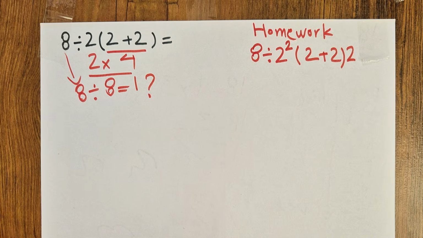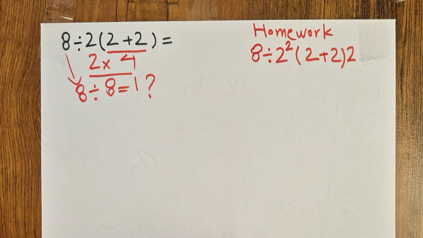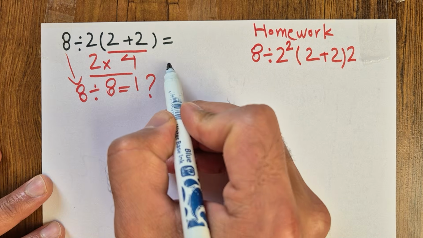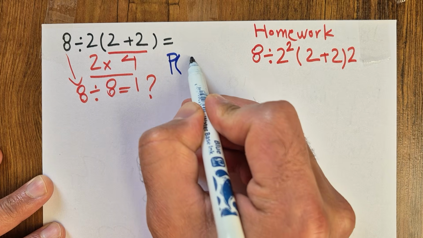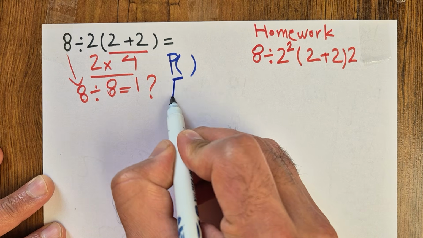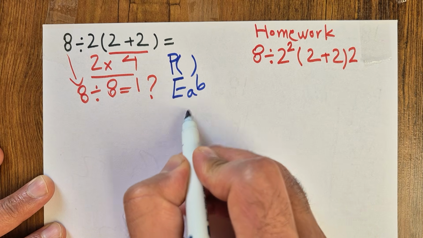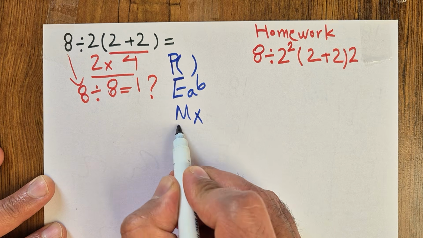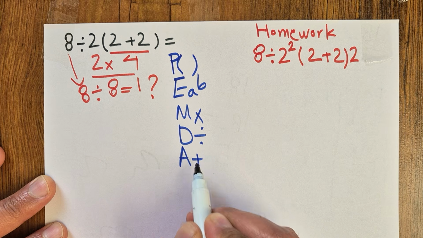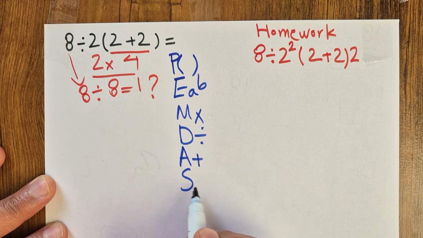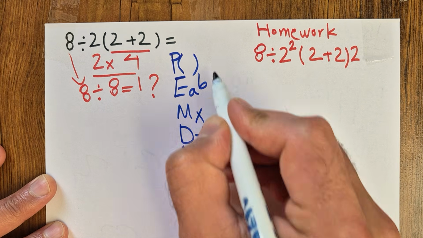The correct order is called PEMDAS, an acronym where P stands for parentheses, E stands for exponents, M stands for multiplication, D stands for division, A stands for addition, and finally S stands for subtraction.